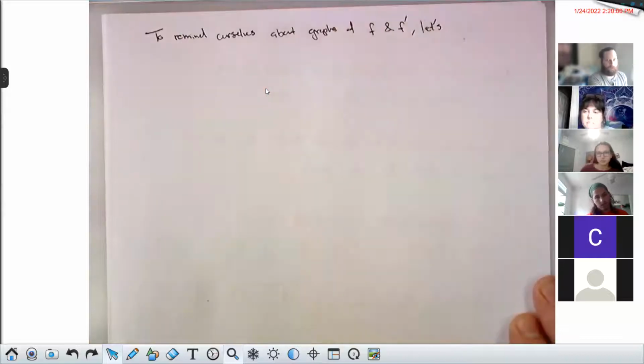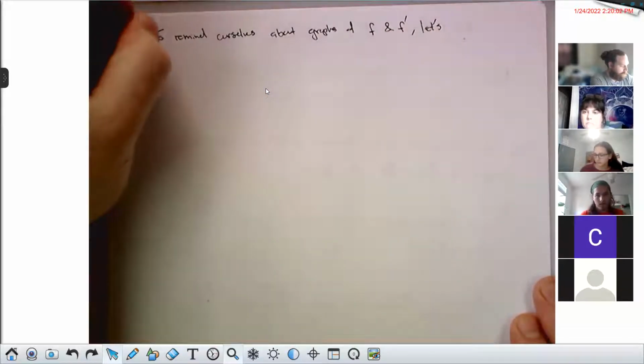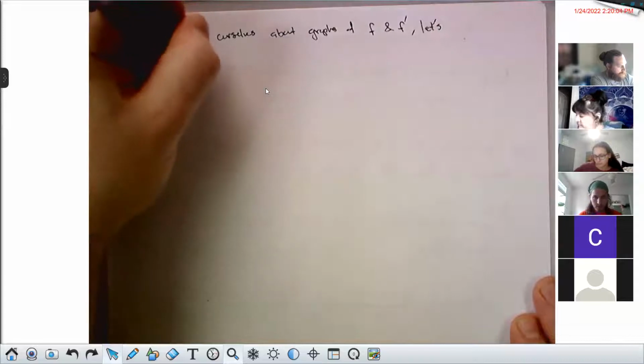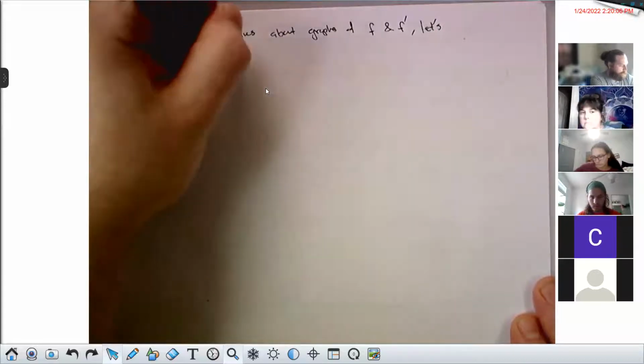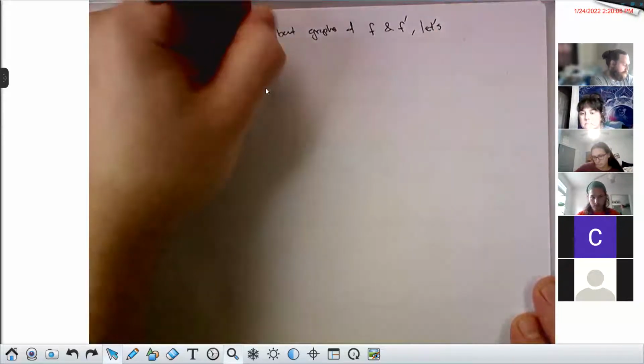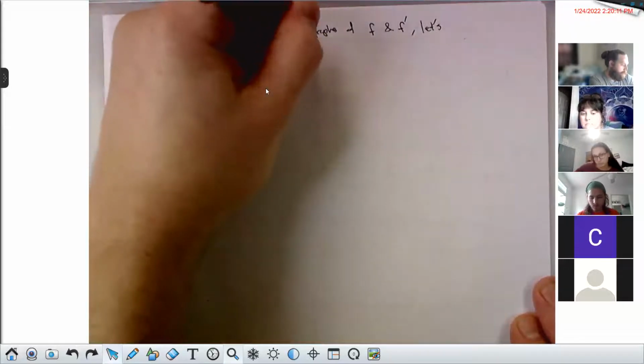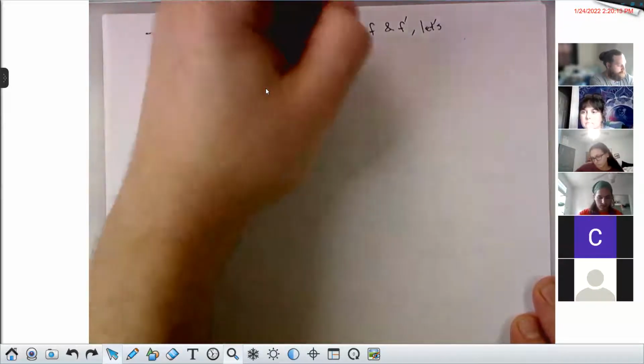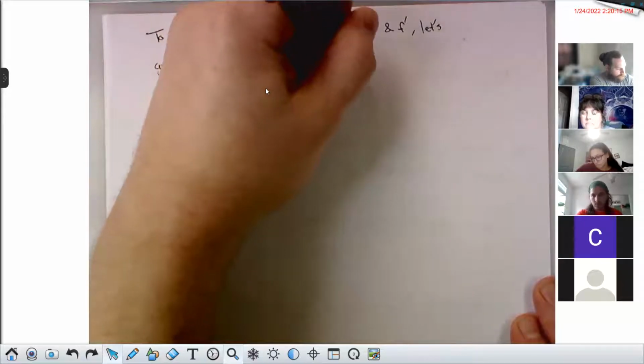To remind ourselves about the graphs of f and f prime, let's graph f of x equals the square root of x, and its derivative, f prime of x, equals 1 over 2 square root of x.